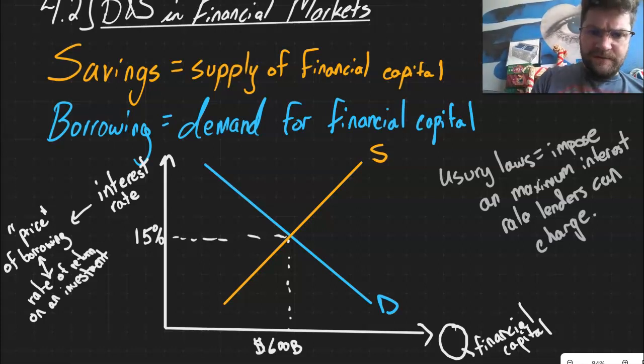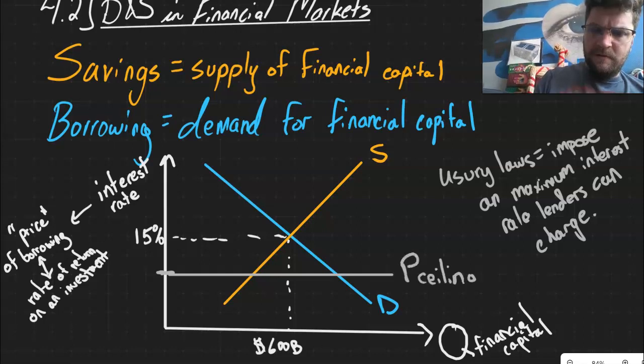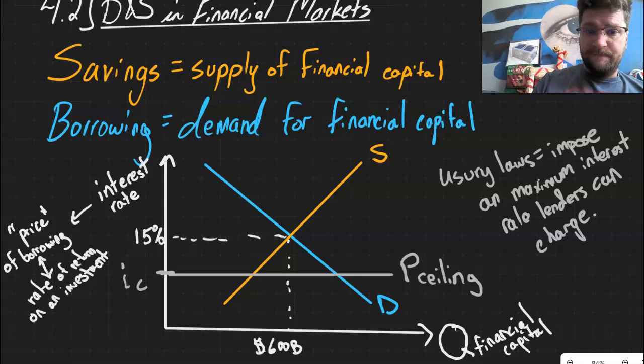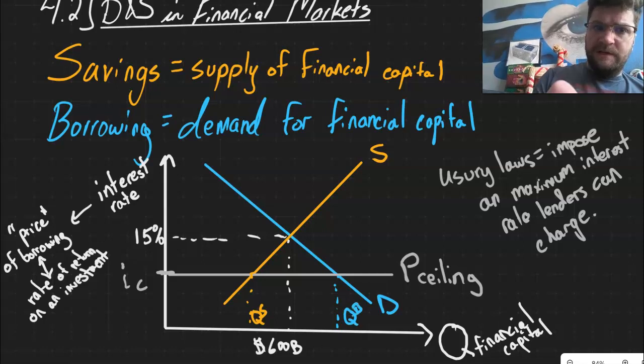And so in this particular example, right, this would be a price ceiling. So a maximum that's actually binding is going to be a price ceiling. And at this particular interest rate, C, or to use the same terminology we were using before, I C, we would have a quantity supplied of financial capital that is perpetually lower than the quantity demanded.